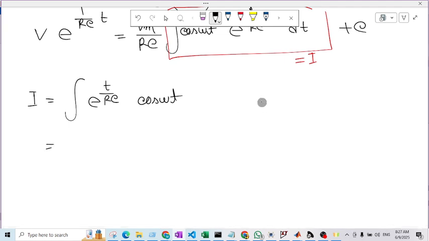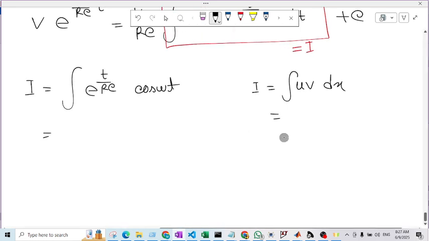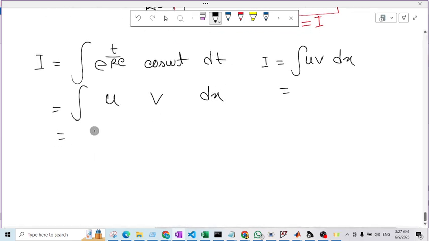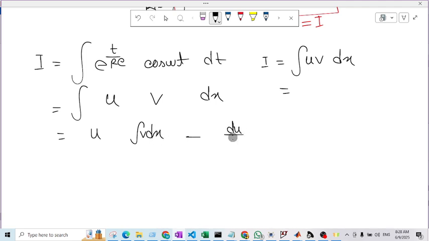This is a simple formula. We know the formula I is equal to integration of uv dx, right? So how to solve this equation? Let me write this: this is u and this is v, and this is, let's say, dx. First we need to write u as it is and the integration of v dx, then we have to take minus here, differentiate u, and again integrate v.